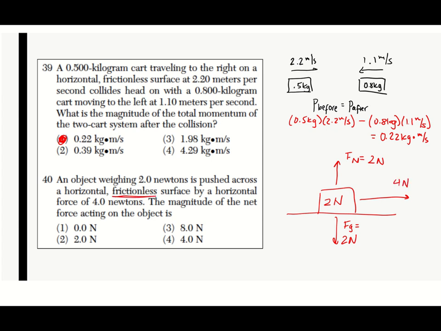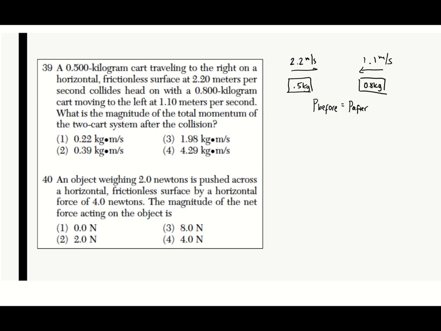It's frictionless, so there's nothing on the opposite side here. There's no friction. Now, top and bottom are canceling out, and left and right are unbalanced, so there is a net force here, because there's no friction. And so our net force is just 4 newtons. That's it.